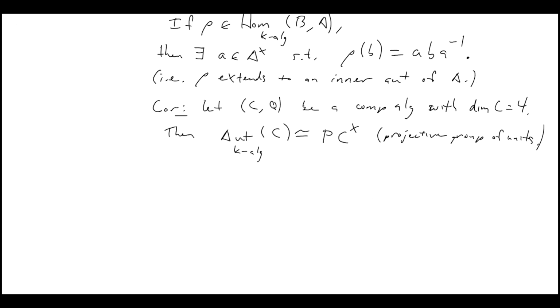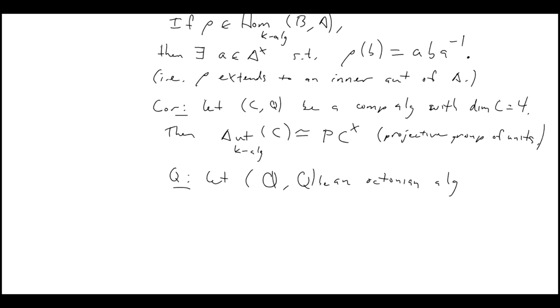All right, so here's a question, and this is what we will move to in the second part. Suppose that we have an octonion algebra, which is just a composition algebra with dimension 8.